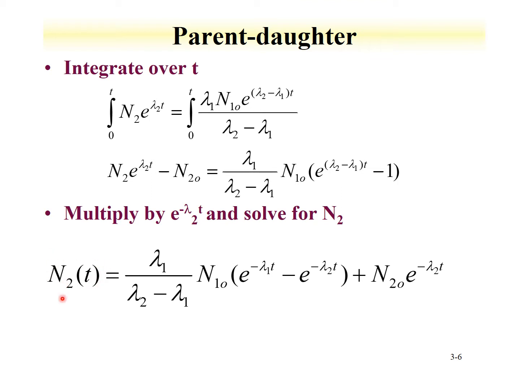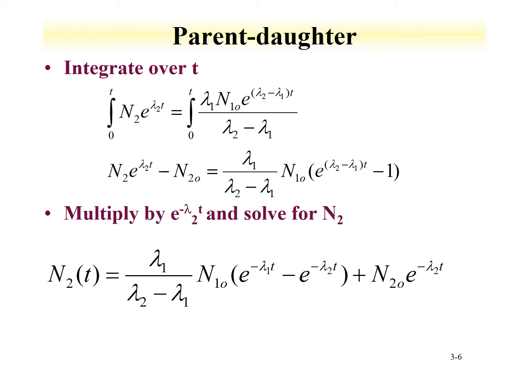So N2 at any time t is equal to the decay constant of the parent divided by the decay constant of the daughter minus the decay constant of the parent. This is a ratio. This describes the relative growth and decay. So the decay of the parent is growing into the daughter, but as the daughter decays, it's disappearing.